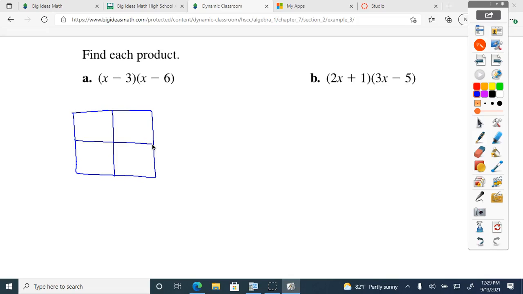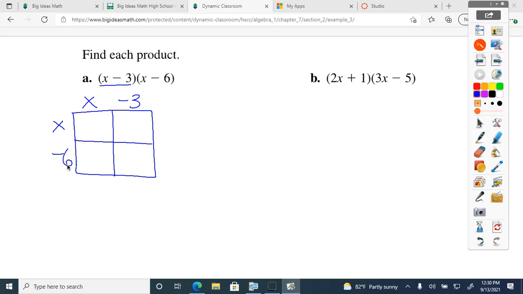On the top, I'm going to put one of my binomials: x and negative 3. On the up and down, I'm going to do the other one: x and negative 6. Everybody with me so far? And then you fill out your table.